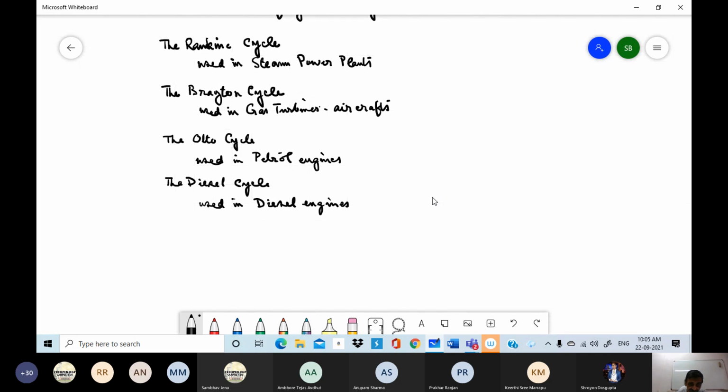So these are used for converting thermal energy into work. So that work may be in the form of electricity or it may be in the form of shaft power. And then the reverse cycle.